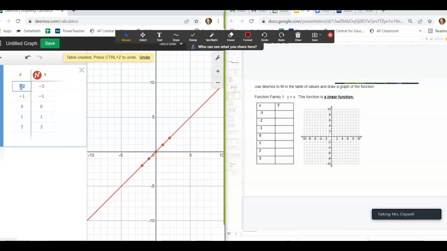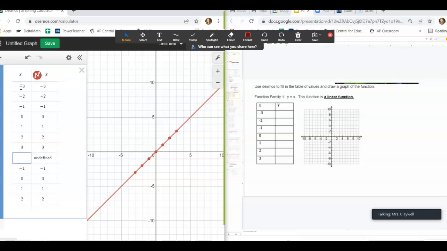If I put in -3, -2, -1, 0, 1, 2, 3, I can see that when I fill this in, I have -3, -2, -1, 0, 1, 2, 3. So this would look something like this. This is a linear line.